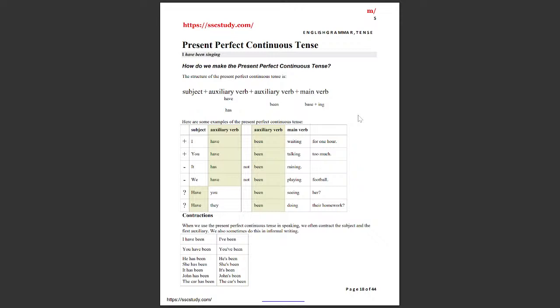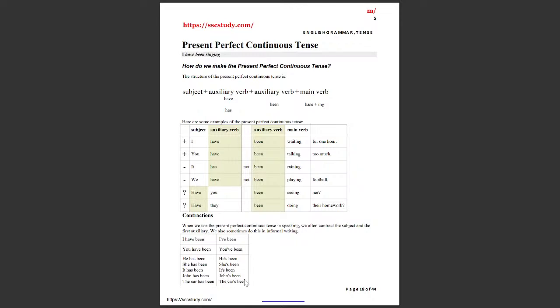When we use the present perfect continuous tense in speaking, we often contract the subject and the first auxiliary. We also sometimes do it in writing. So I have been can be written in a contracted form, and you have been as well. He has been, she has been, it has been, John has been, the car has been.